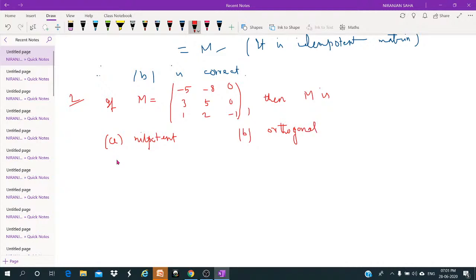Third option, periodic. Fourth option, involutory.